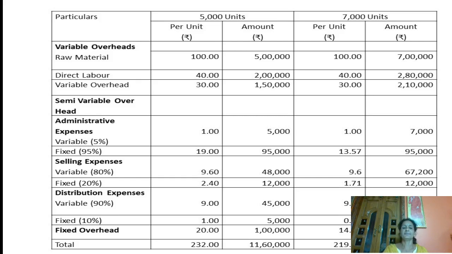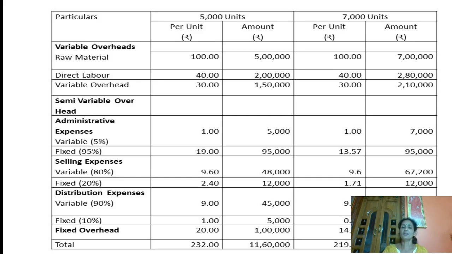Next, fixed. So balance in 20 rupees, if 1 rupee is variable, then balance 19 rupees is fixed. So when you take 5,000 into 19, the amount you get is 95,000. 95,000 remains the same even for 7,000 units.